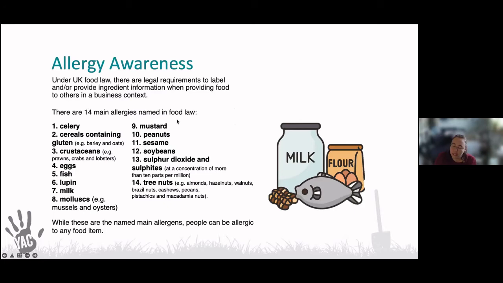So there's 14 main allergies, but people can be allergic to any food. So I'm allergic to all citrus fruits and citric acid, which isn't a main allergy. It's becoming more common. So just having allergen information with the 14 main allergies isn't good enough for me.